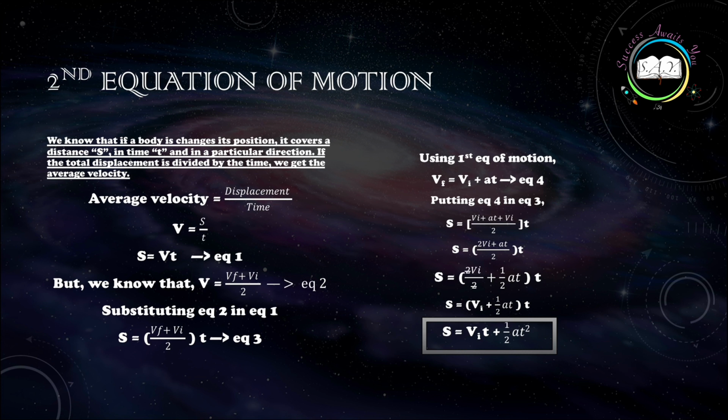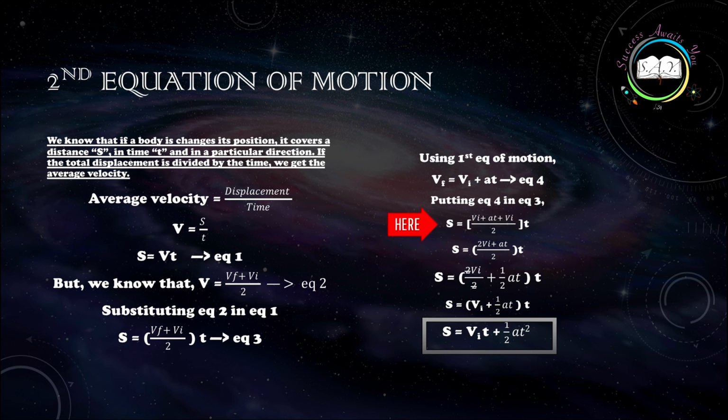Now substitute equation 2 in 1. That is, place the value of v in equation 1. Then the equation becomes s equals vf plus vi upon 2 multiplied by t, which is our equation 3. Using the first equation of motion, vf equals vi plus a t, which becomes our equation number 4.